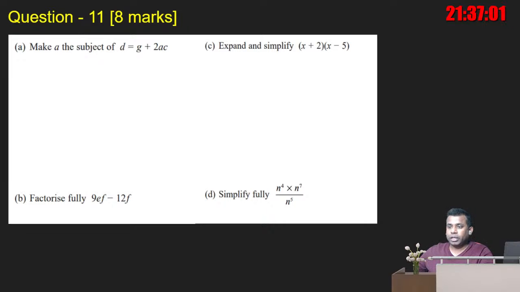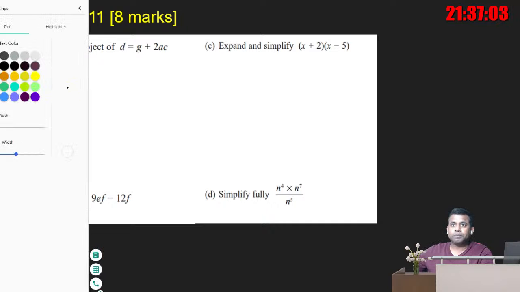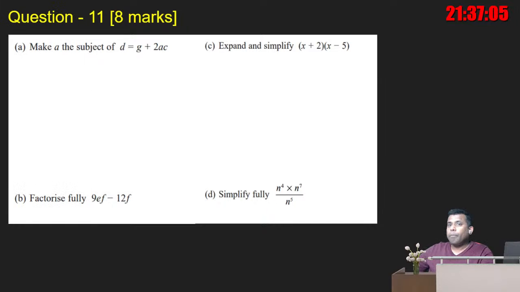So the first question, I'm going to work on this one. Make A the subject, right? So the question is all about D equals G plus 2AC. So the A is going to be here, so you ask the G to go to the other side. So D minus G equals 2AC, right? Now you need to do the opposite operation.